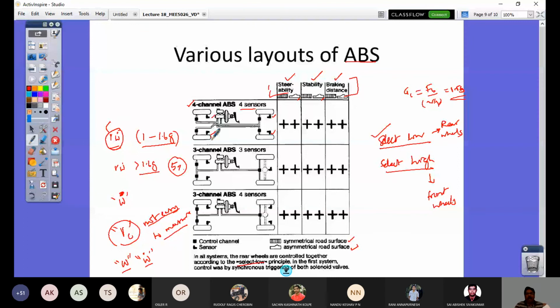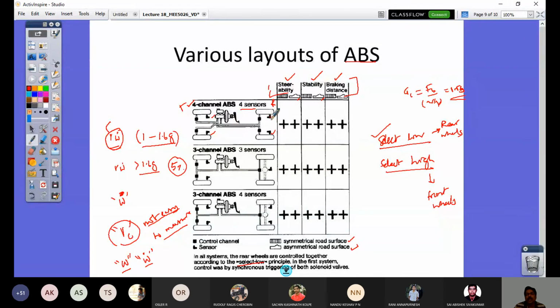That's one thing. What is this select low, select high? Let us understand. Select low is the low speed. Though there are 4 channels, 4 sensors here, they are independently controlled. The modulator gets the instruction from the ECU, taking the smaller speed out of the rear wheels. If these are the rear side and these are the front side of the vehicle, because the braking pedal is in this direction, the smaller of the speeds would be taken as a measure.